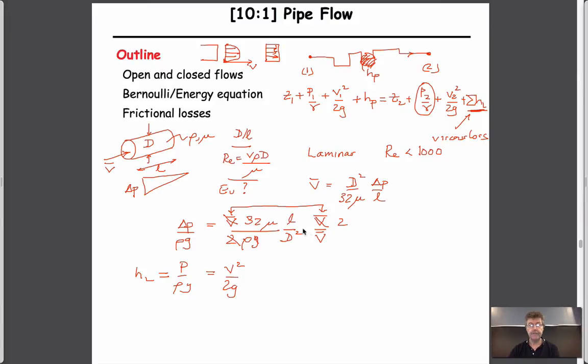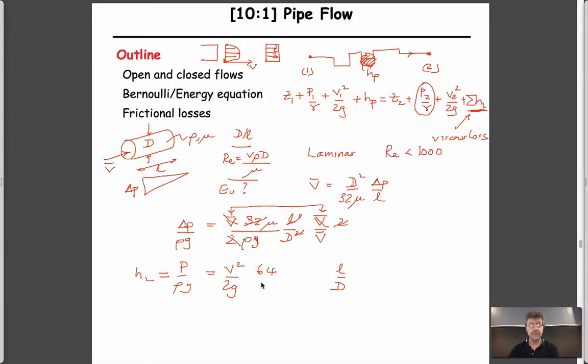We have 2 times 32, which is 64. We have length over diameter. So we got 32 is gone, 2 is gone, length is gone, d squared is gone.